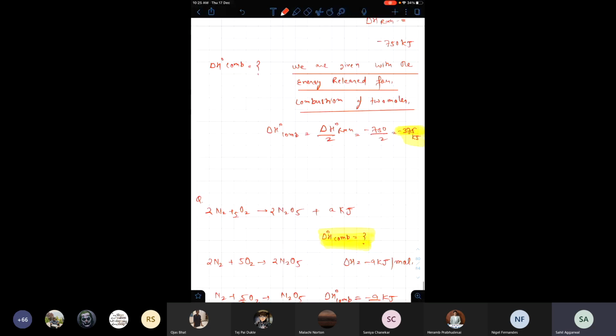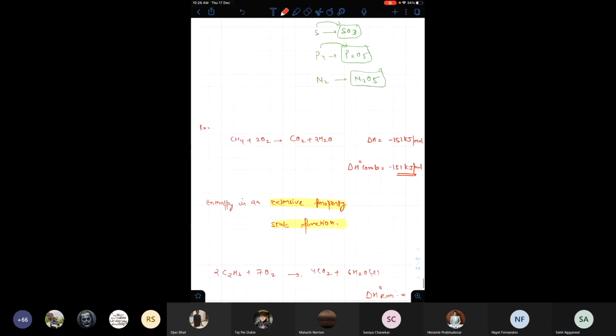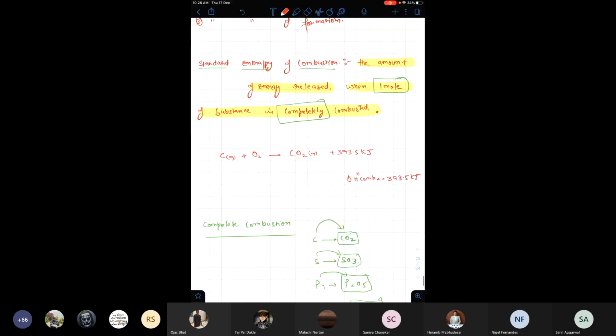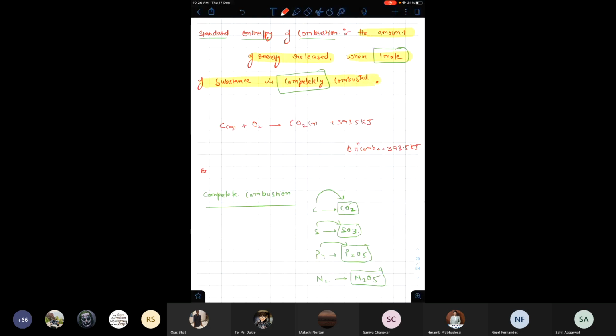Enthalpy of combustion is exothermic, except this.